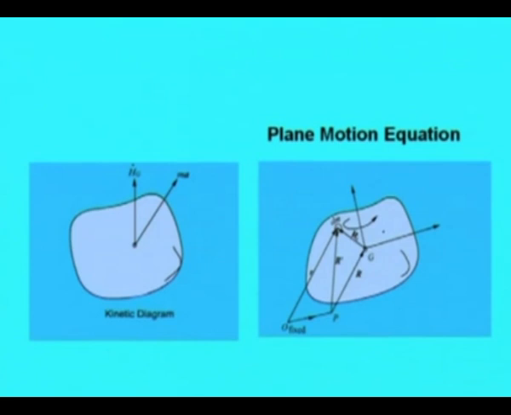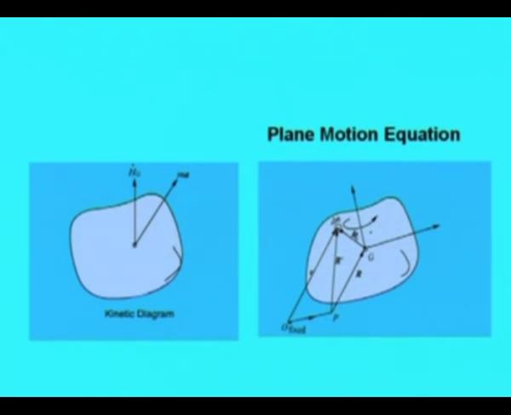Now let us consider plane motion. The mass center is shown as G, and now we choose any other point. This point O is a fixed point. We take any other point P, which may be on the body or on a hypothetical extension of the body.